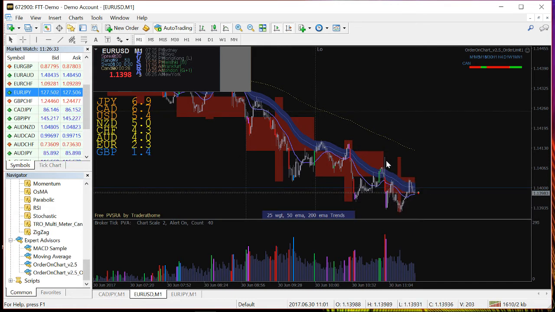How do we know that after breaking, this will not go all the way down? It could go all the way down here, but instead it bounced back to this point and went down. How do we know that?